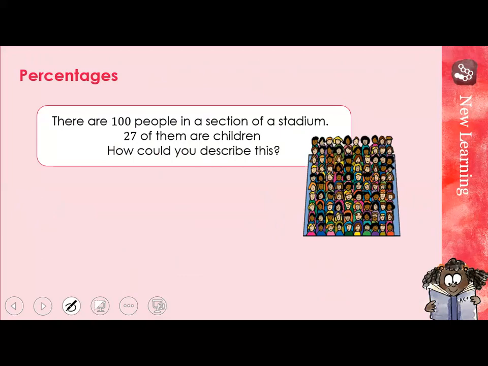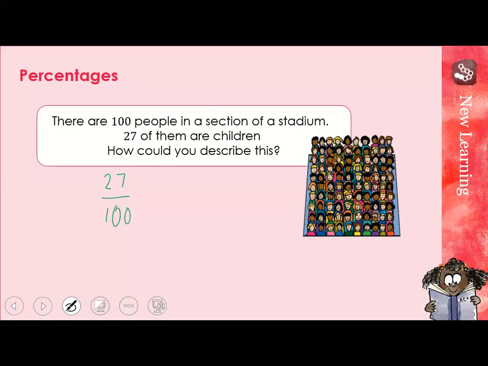Let's start here. There are 100 people in a bit of a stadium, as you can see here. 27 of them are children. How could you describe that? There are so many different ways you could describe that. You could say there are 27 out of the 100 people who are children. You could say 27 hundredths of them are children.